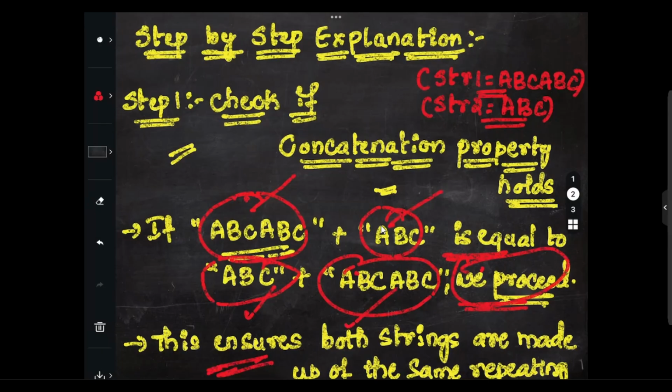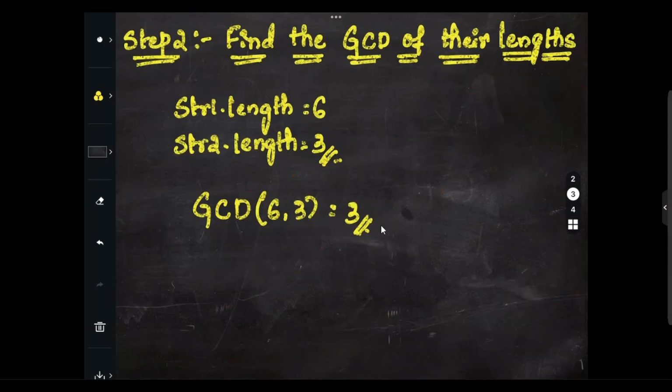This ensures that both strings are made up of the same repeating pattern. This one is equivalent to this one, and this is equivalent to this one. So I hope this is clear.